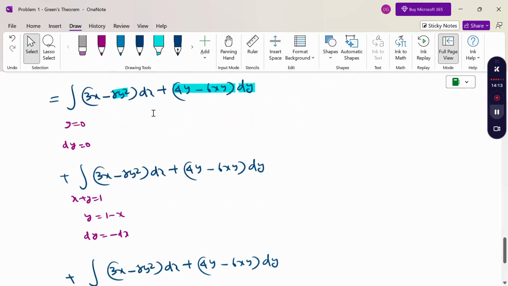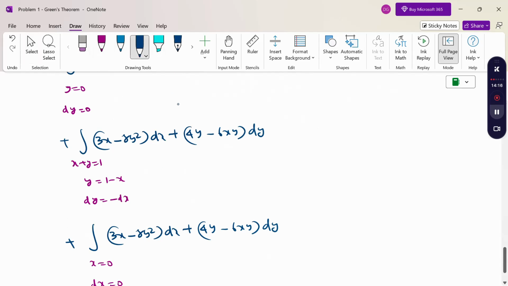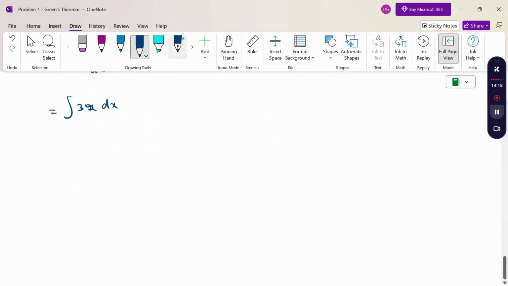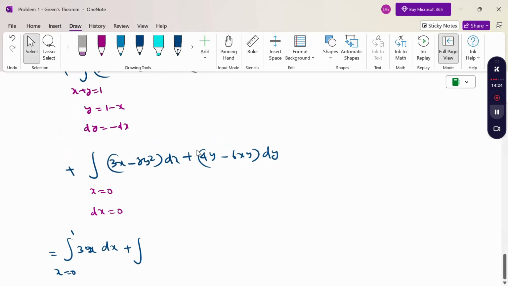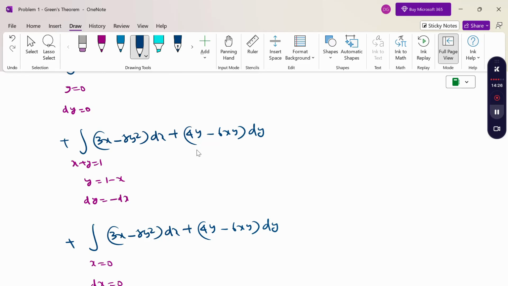Therefore, x from 0 to 1, plus the integral where we substitute y with 1 minus x, so dy becomes minus dx.